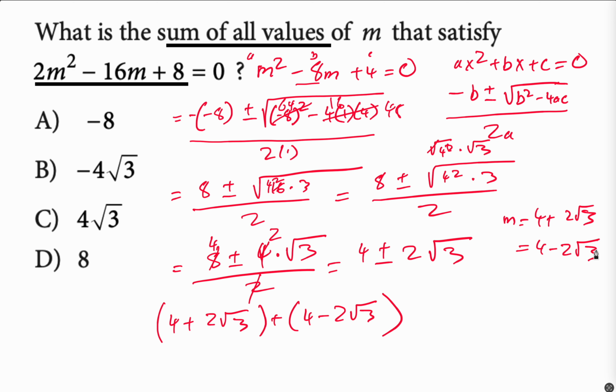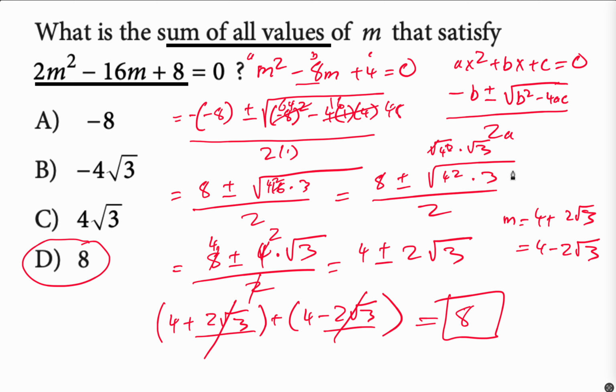When you break the parentheses, the positive 2 root 3 and negative 2 root 3 cancel out. So the whole thing adds up to 4 plus 4, which gives us the answer of 8. So positive 8, and the answer is D here.